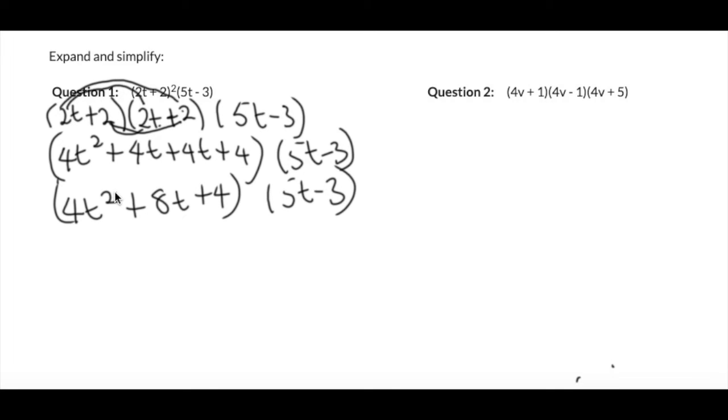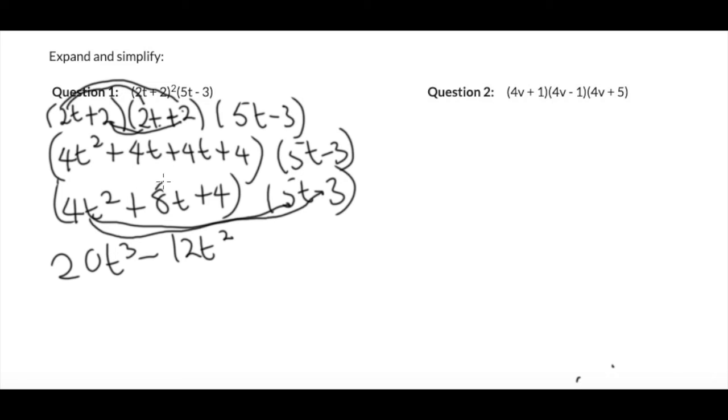So now you multiply the first bracket and this second bracket. So you do 4t squared times 5t, which will give you 20t cubed. Then you do 4t squared times minus 3, which will give you minus 12t squared.